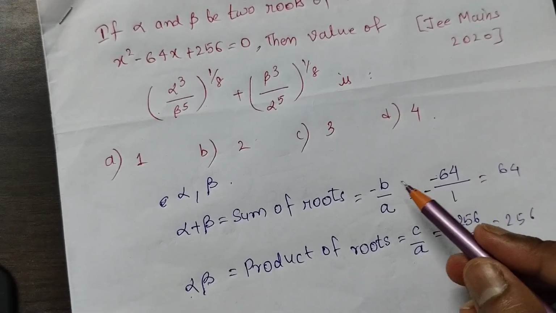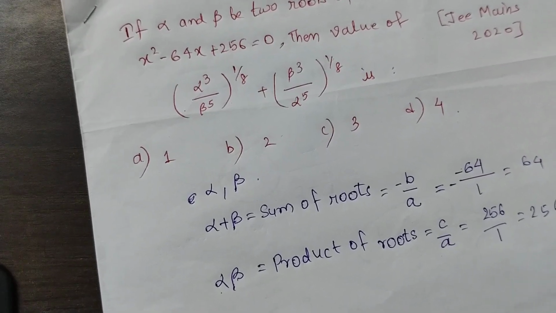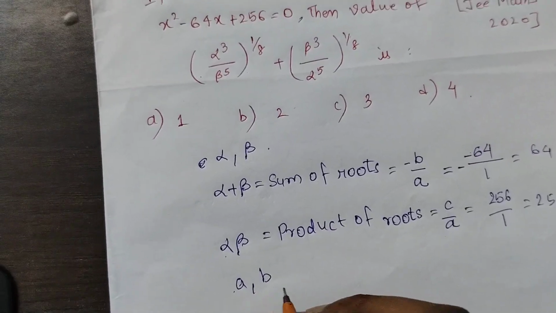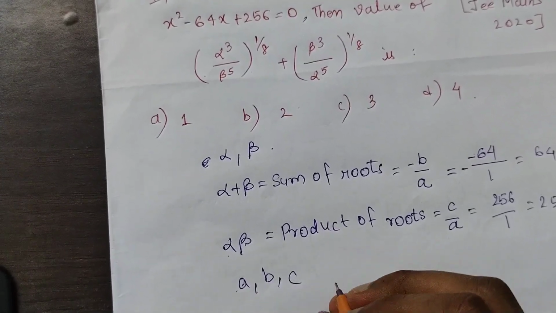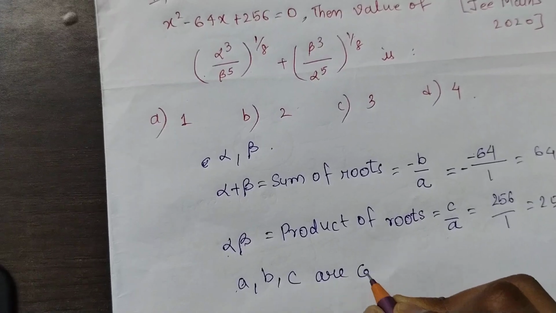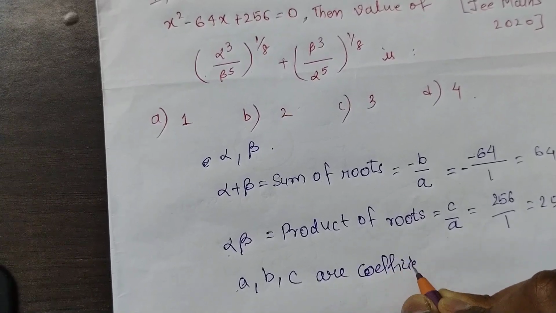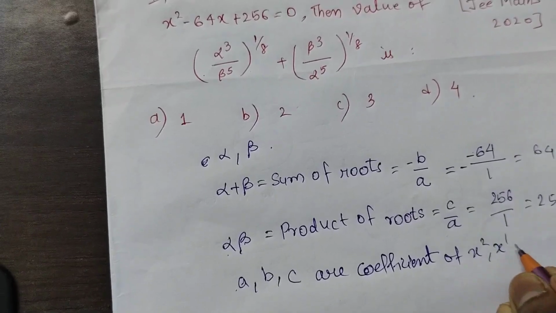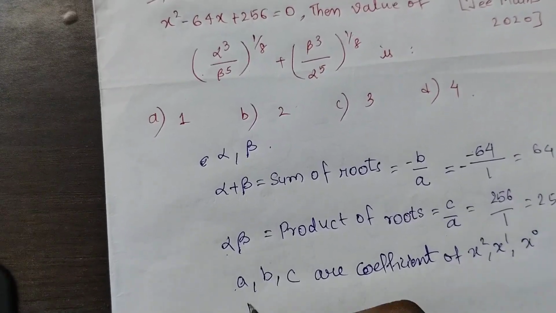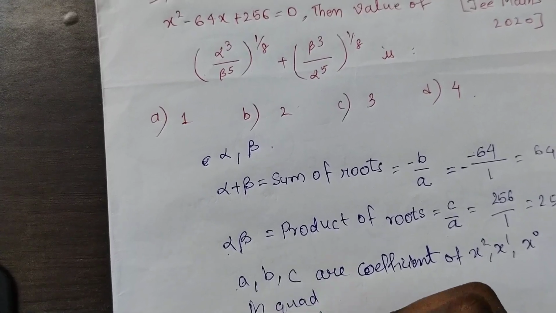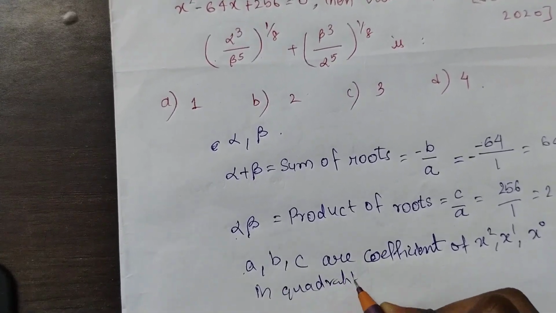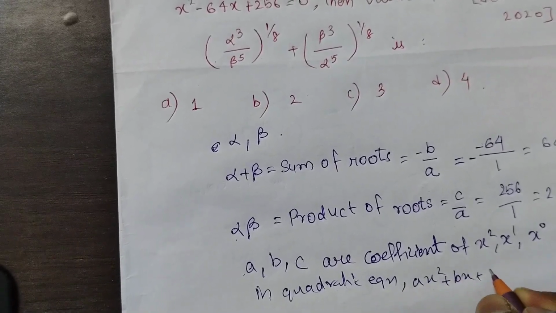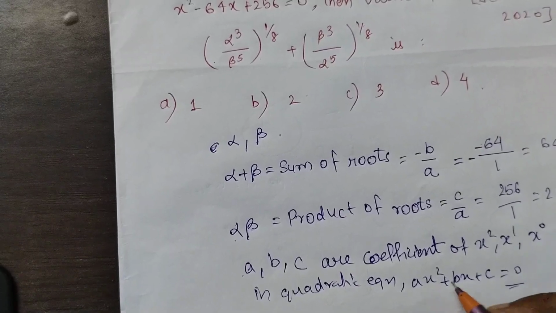If you're wondering what a, b, c mean, let me write it for you: a, b, c are the coefficients of x square, x to the power 1 and x to the power 0 in the quadratic equation ax square plus bx plus c equals 0.